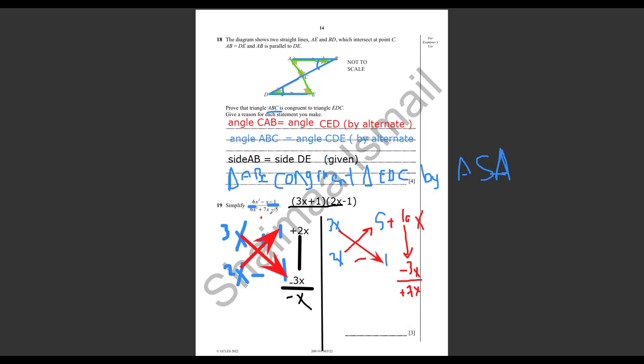Am I right? Okay, so let's write them here. So it will be also 3x plus 5. Close bracket. Open another bracket.